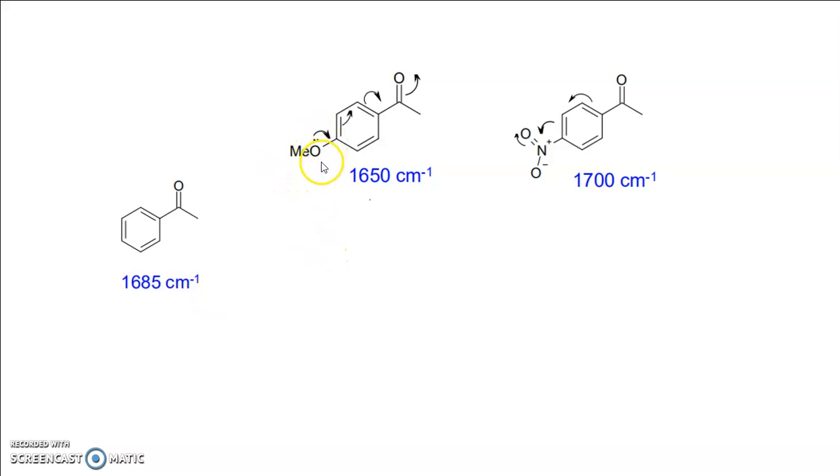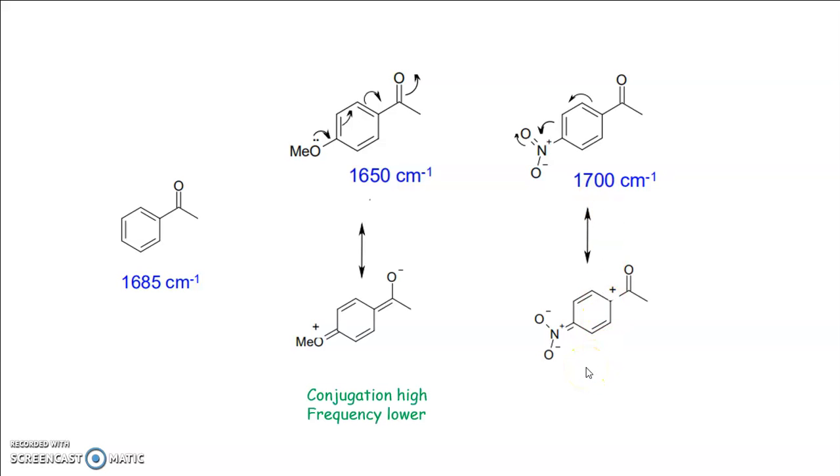But if you substitute a methoxy group in the para position, it decreases the frequency towards 1650 due to increased conjugation of the OMe group with the carbonyl group, while the NO2 group in the para position increases the absorption frequency towards 1700 cm inverse due to the decreased conjugation.